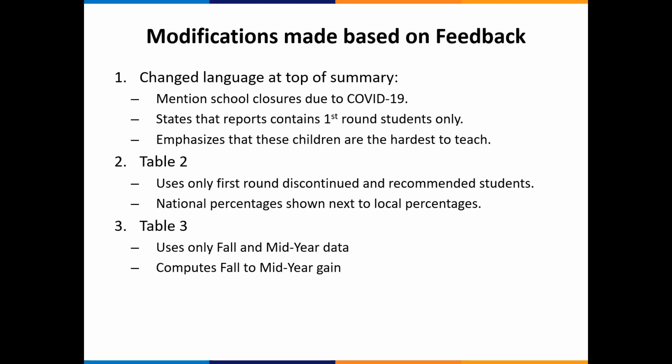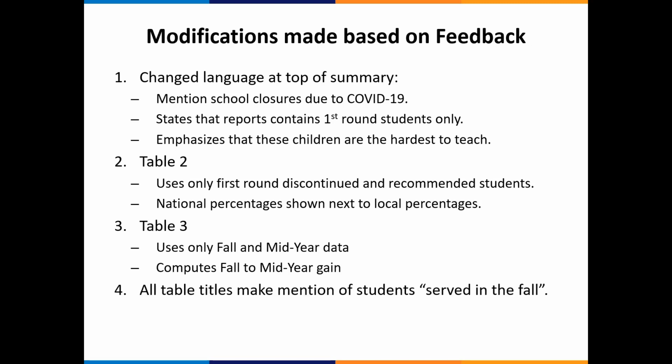This way you can still tell administrators how much progress your Reading Recovery students could make. One more thing: we made sure that all the table titles make mention of students served in the fall. They have all been modified to add that phrase, so it's clear that in all these tables we're just looking at students served in the fall.